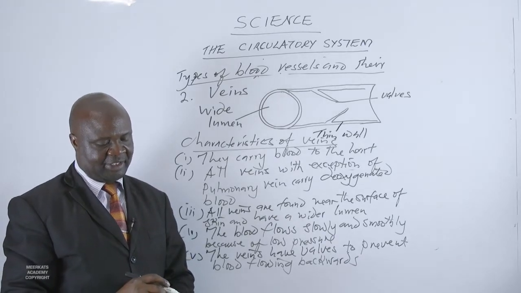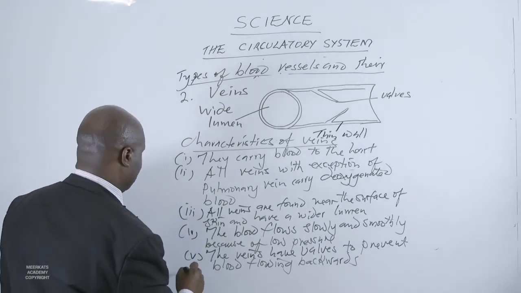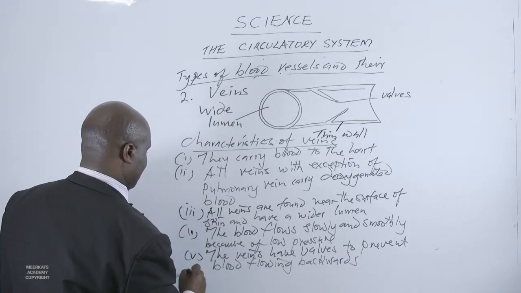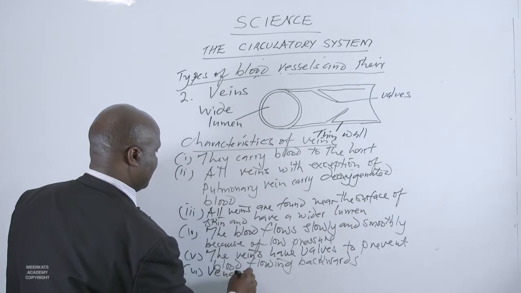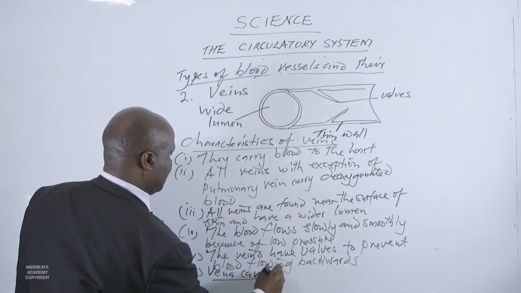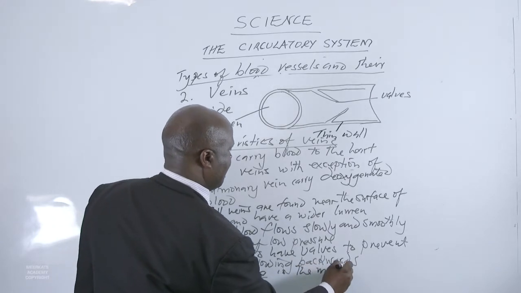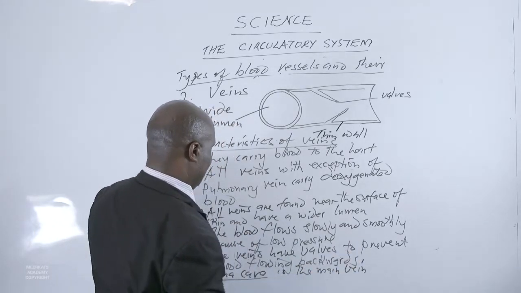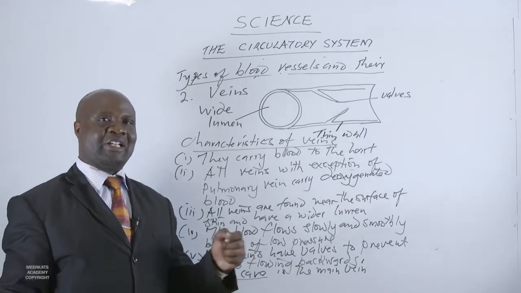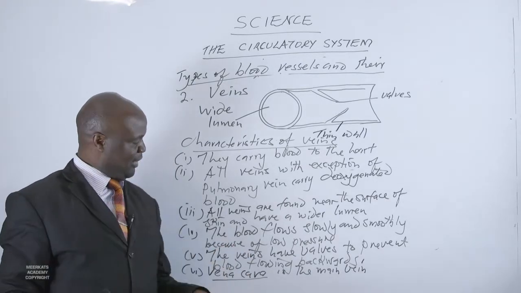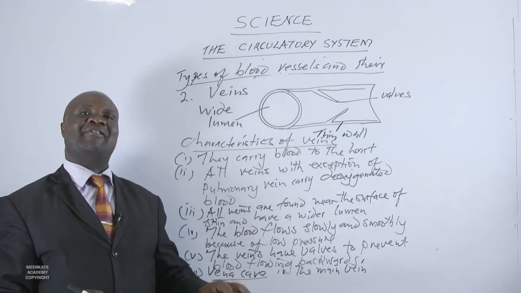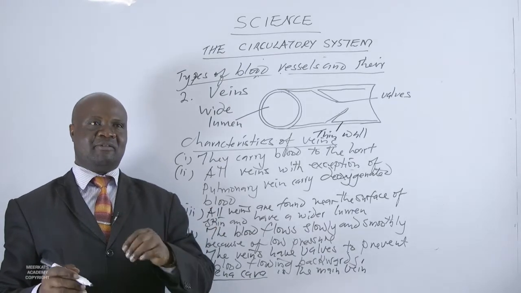Then the vena cava is the main vein. The other one, we said the aorta is the main artery. Here we are saying the vena cava is the main vein.